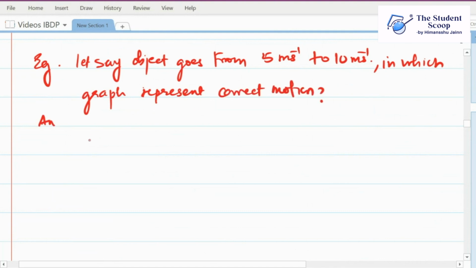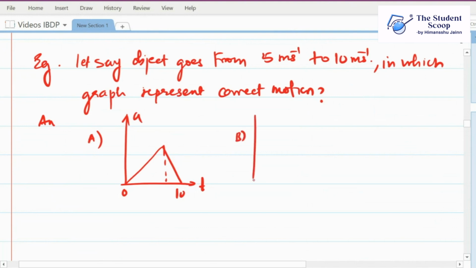In this, four options were given. The first option was to take the area under this curve for acceleration versus time, and the values were given like 0 to 10.